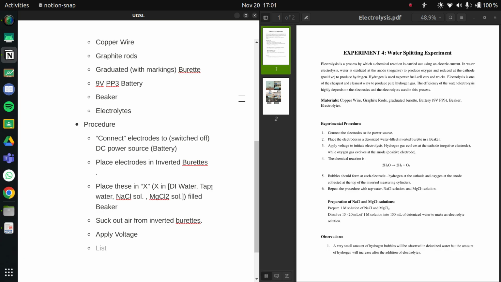Repeat the procedure with tap water. Right, preparation of NaCl and MgCl2 solution. So it's 1 molar solution of NaCl and of MgCl2. Okay, wait. Oh, so you prepare 1 molar, then you dissolve 15 to 20 milliliter of 1 molar into 150 milliliter of deionized water. I see. Make an electrolyte solution. Sure. Solution concentrations.